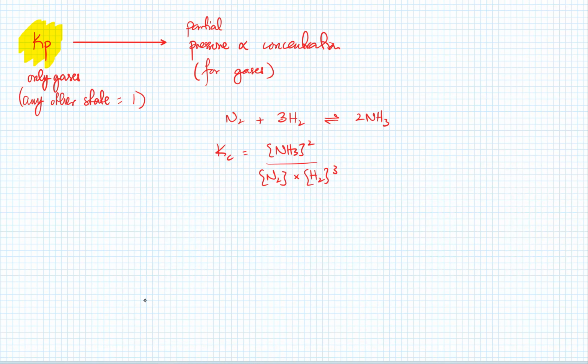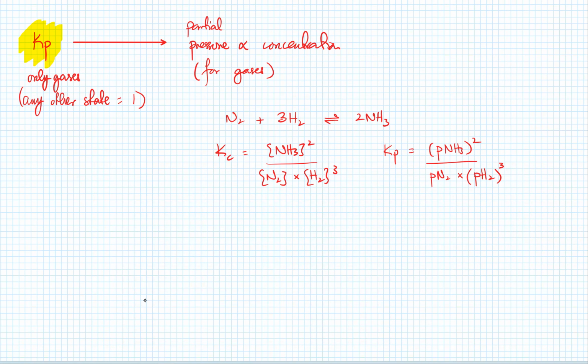So Kp is going to be exactly the same, except you'll be using the pressure exerted by NH3 squared. So that's the partial pressure of NH3, divided by the partial pressure of N2 times the partial pressure of H2 cubed. So that's what Kp is.